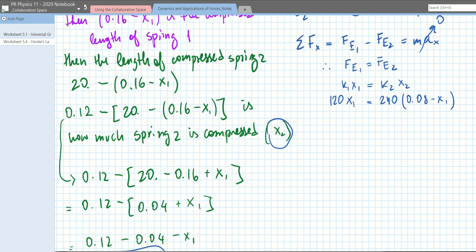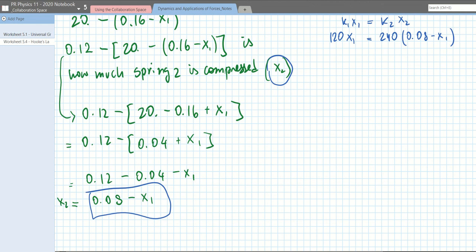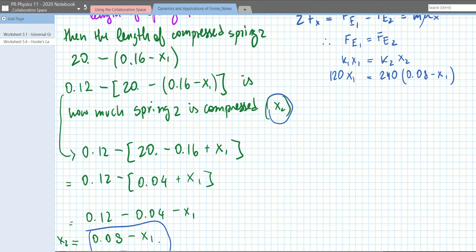Okay. Now we have to expand this and basically solve for x1. Once you know your x1, we can go back to our definition for x2 here and find x2. So let's see what we have here. We got to expand this side.